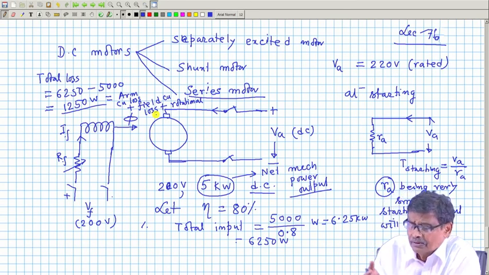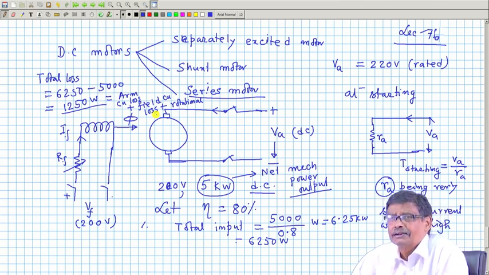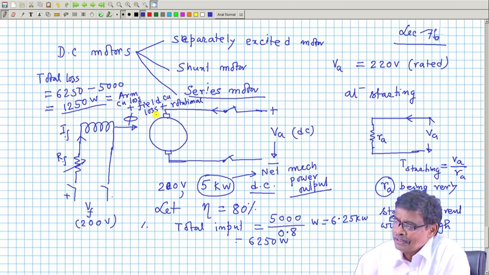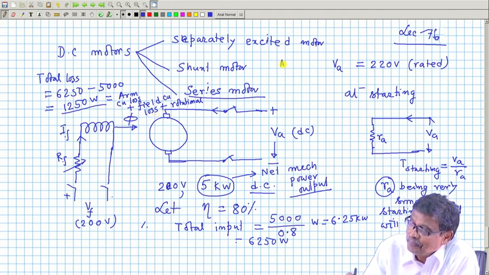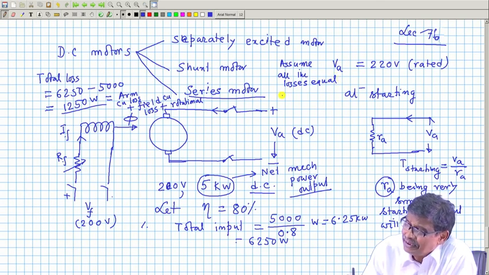Now, we do not have any idea of how this 1250 will be distributed among these 3 losses. I do not have any data. Let us assume equal weightage, 1/3, 1/3, 1/3. So assume all the losses are equal, and the armature copper loss will be 1/3 of that.